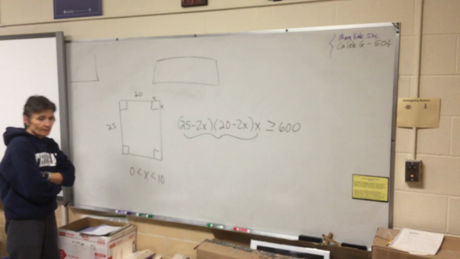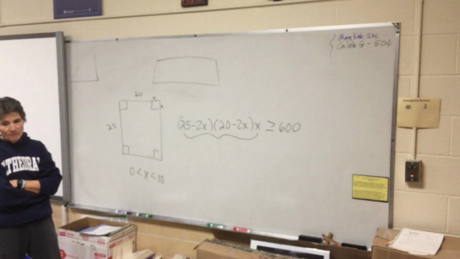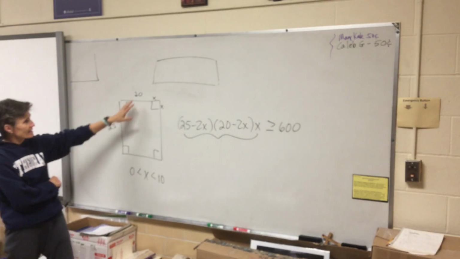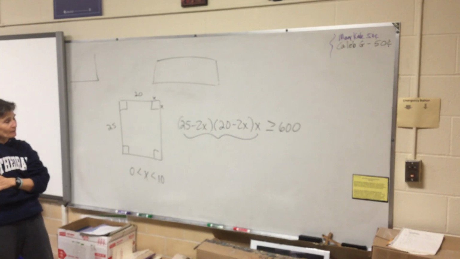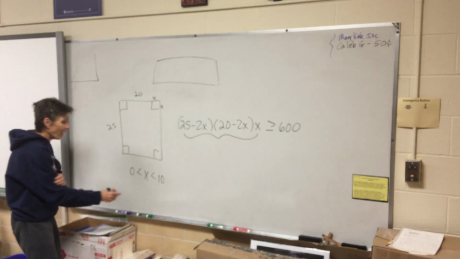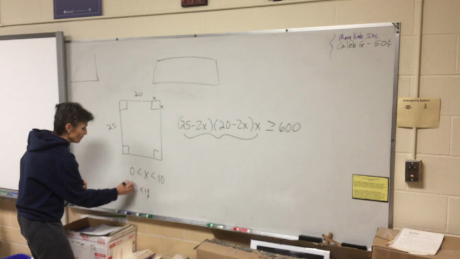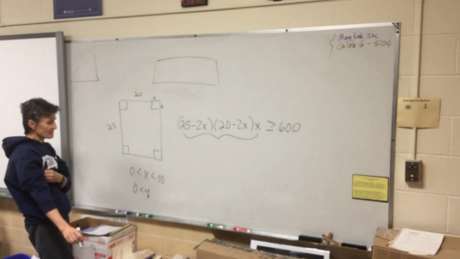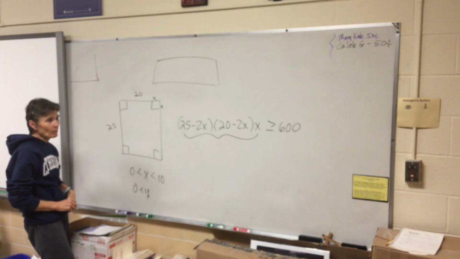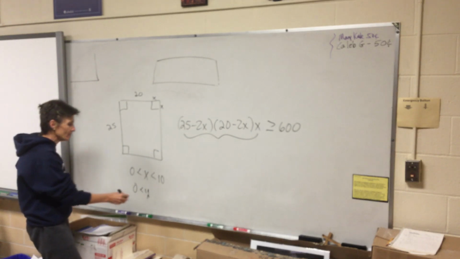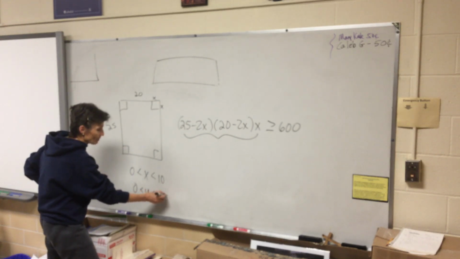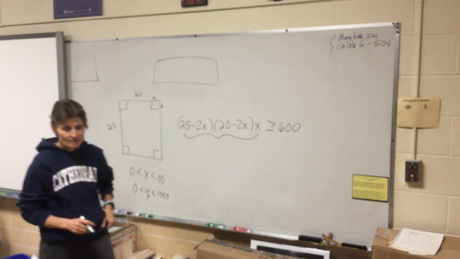Perfect. Beautiful. 0 because x has to be positive, and 10 because that's half the smaller dimension. And then the y's, again, we don't want to go less than 0. Our volume has to be positive. And since I want to be bigger than 600, I think I might set it at 1,000 and just see what happens.